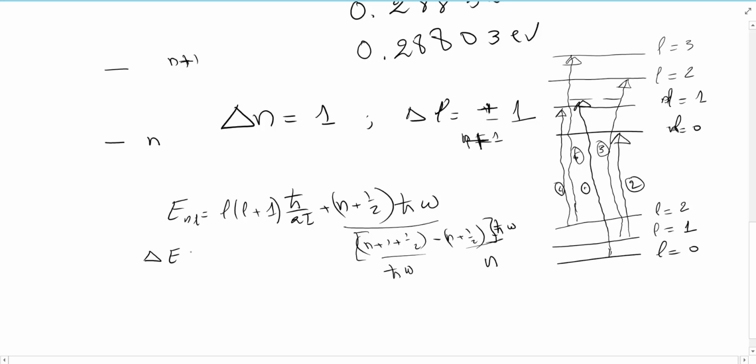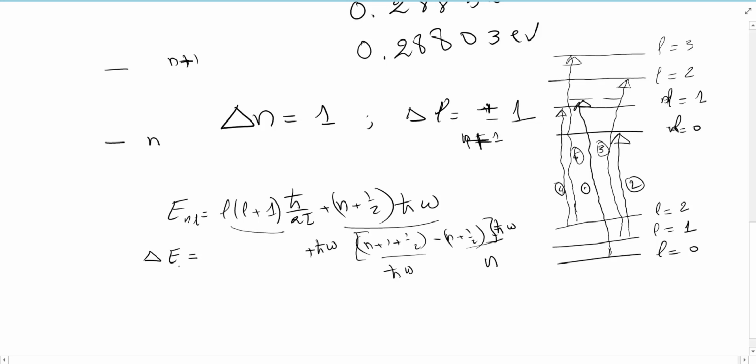So the change in the energy will go from 0 to 1. What matters in this case is this value here to compute it. All of them are incremented by h bar omega from the other one.